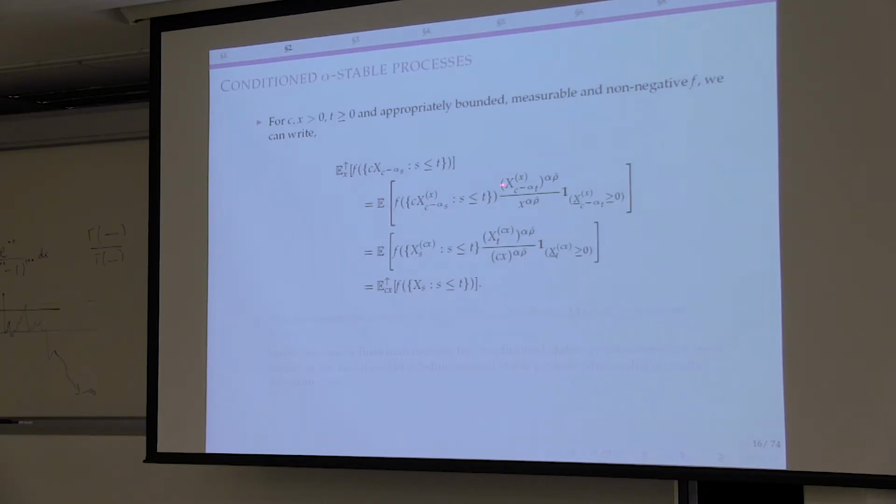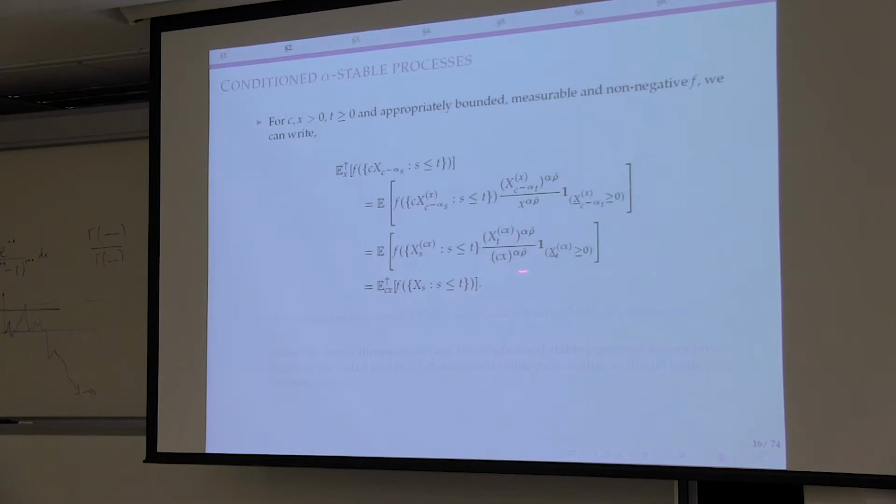So I can invoke the stability of the stable process. All these functionals here are equal in law to copies of themselves, except changing x to cx. Remember, we multiply on the bottom by c to the alpha rho hat and the top by c to the alpha rho hat to make that transform, also in here.